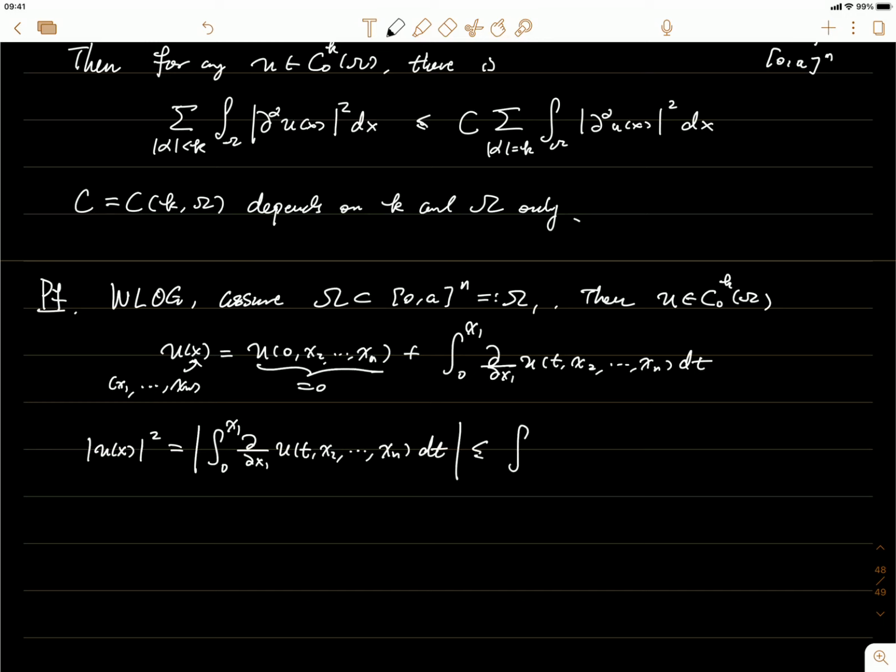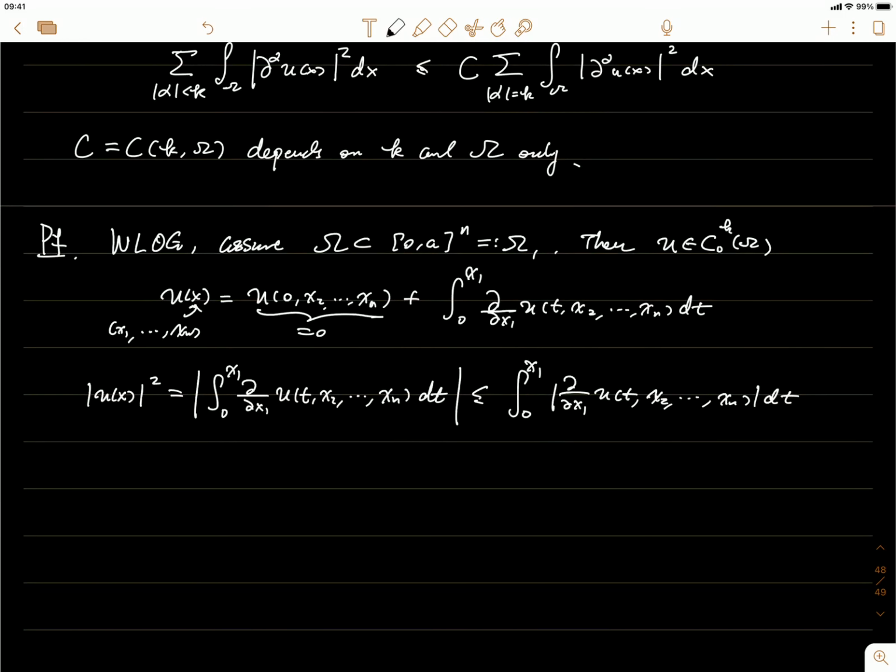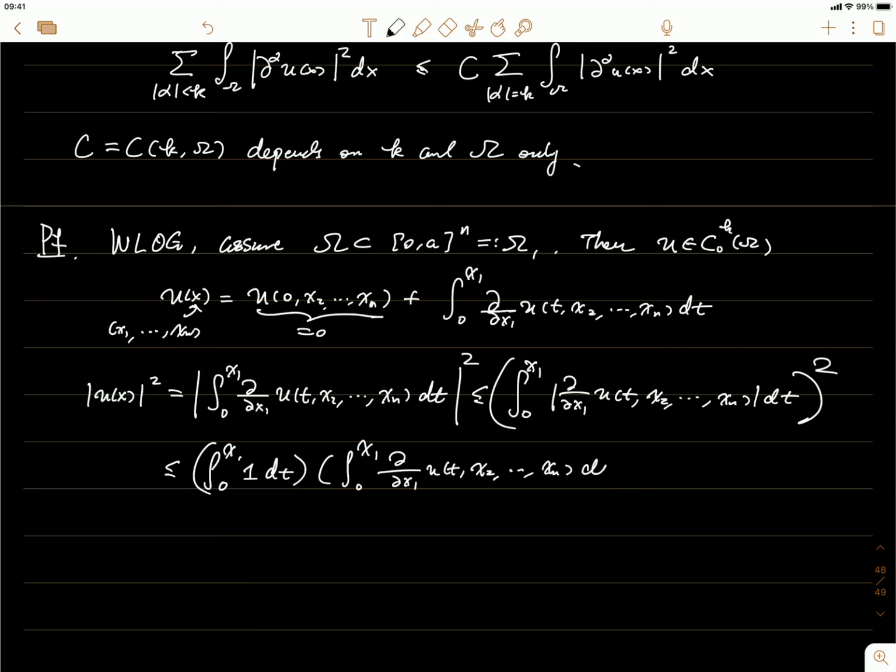This is less than or equal to, taking the square inside and by the Cauchy-Schwarz inequality, the integral from 0 to x1 of 1 dt, and we have everything in here squared, so I don't have the square root anymore, times the integral from 0 to x1 of the squared derivative d/dx1 of u(t, x2, ..., xn) dt.